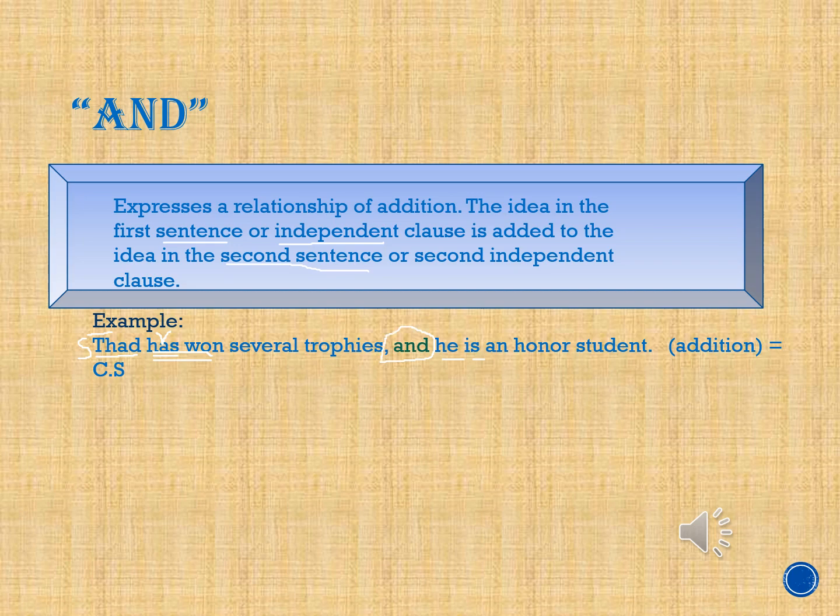I need to put a comma, and after and I have he as a subject, is the verb, and honor student is my complement. After is, never an object. So everything together, if you see, we have two independent clauses joined by a comma and a coordinating conjunction that makes one compound sentence.